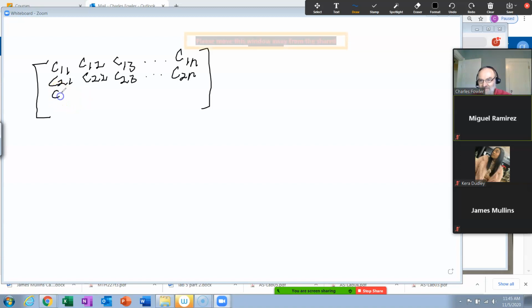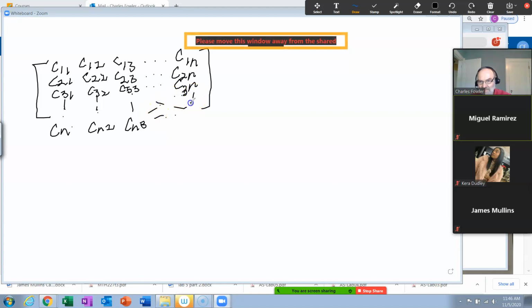And then you have C31, C32, C33, dot, dot, dot, up to C3n. And then you dot, dot, dot on down to Cn1, Cn2, Cn3, and then you dot, dot, dot everywhere across here until you get to Cnn.